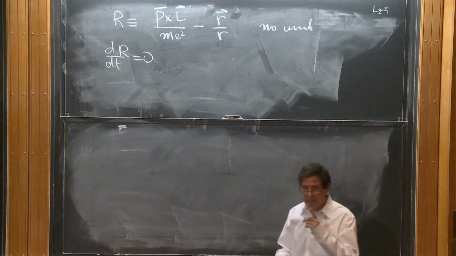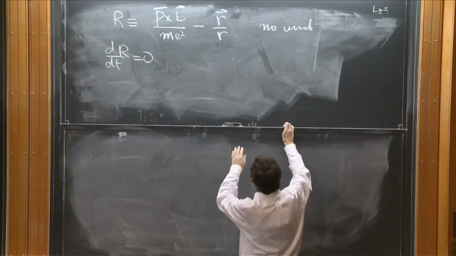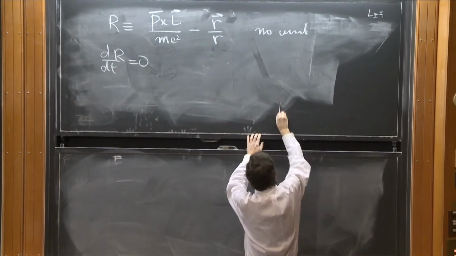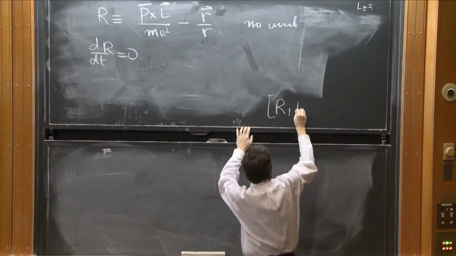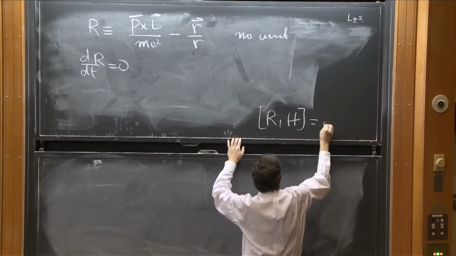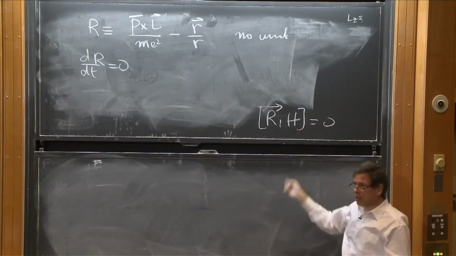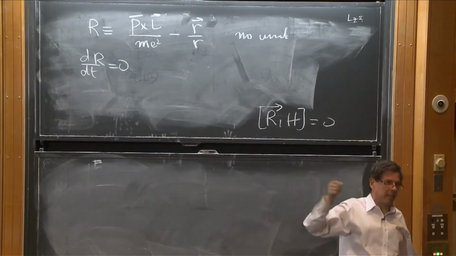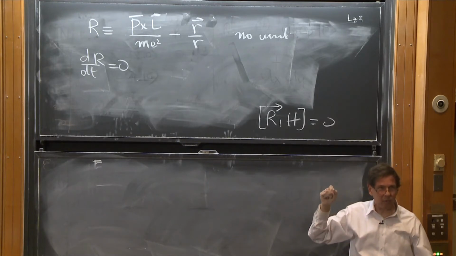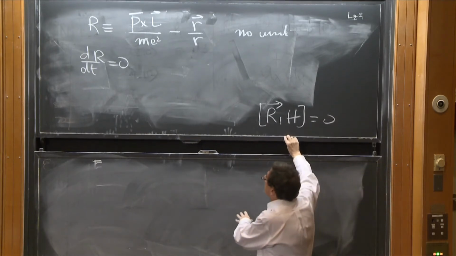And for us, it's going to be quite crucial because this operator commutes with the Hamiltonian. So you will get conservation laws and it will help us explain the degeneracy of the hydrogen atom. So it will be very important for us.